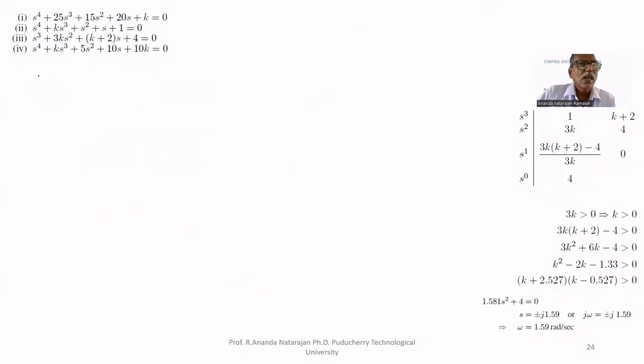Let us see more sums on the range of K using the Routh-Hurwitz criteria. Third one. S cube, S square. 1, 3K, K plus 2, 4.